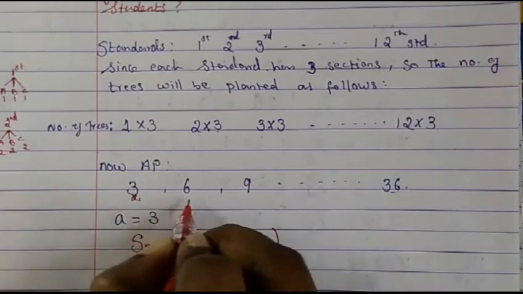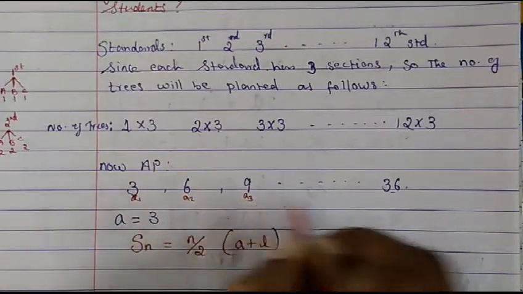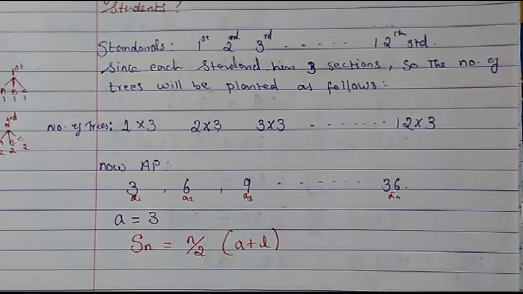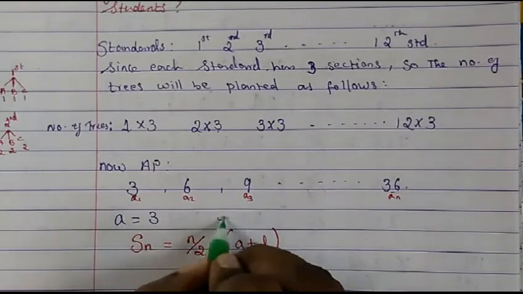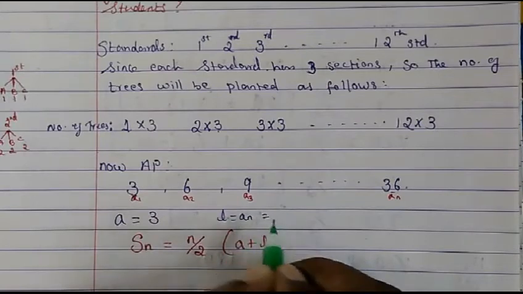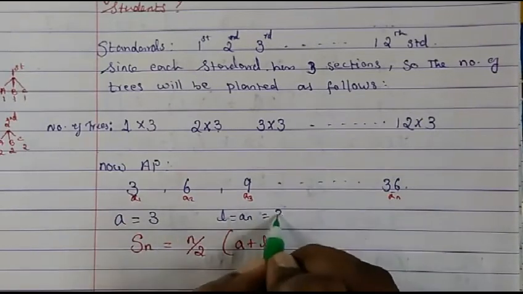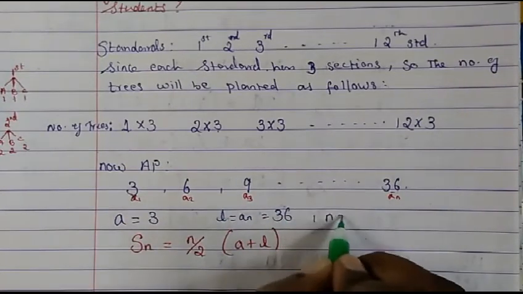This is a1, a2, a3, and this is a_n, the last term, 36.